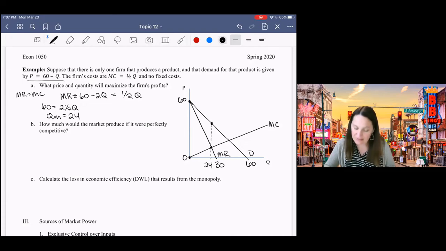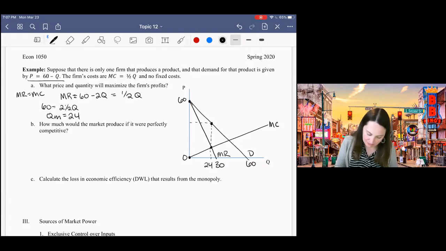To get the price, I come up to the demand curve. So we go back to the demand curve here and plug in 24 for Q. I see that the monopoly profit maximizing price here is 36.